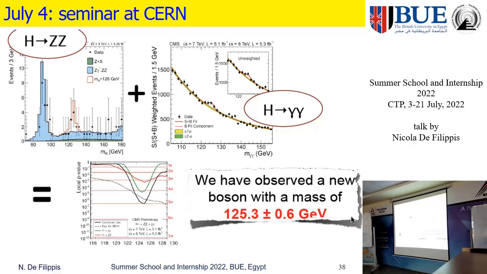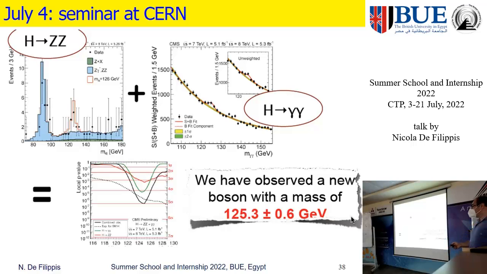So this 3 sigma excess here, 3 sigma excess here, gave you a 5 sigma discovery for a new particle at 125 GeV. At that time, we were not sure that that particle was the Higgs particle. We just were sure about the fact that this particle had to be a boson.